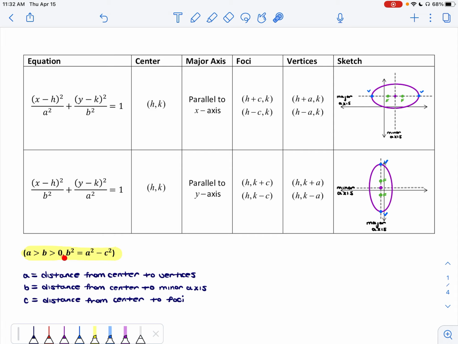Okay, this equation is always true for ellipses. That c value that we can find is going to tell us the distance from the center to the foci. So from the center to the foci, that's the c value. Okay. All right, so keeping all that in mind, let's go ahead and take a look at a few examples.